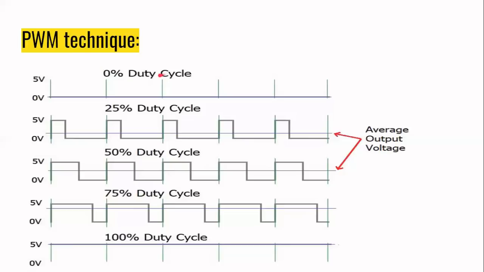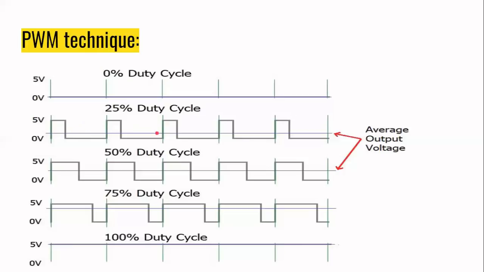Okay, so if the pin is at low level at all times, then the average value will be 0. If it is on for 25% of the time and off for 75% of the time, then the average voltage will be 25% of the maximum voltage, which will be 1.25 volt.